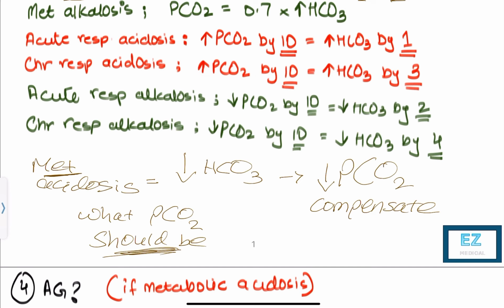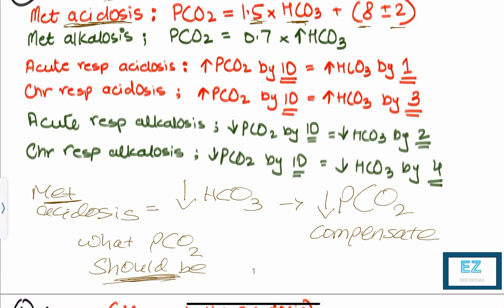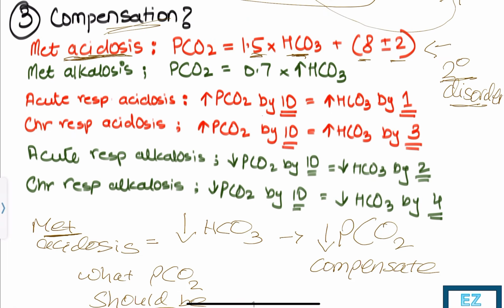Generally, our PCO2 should match the value that we calculate up here. And if it doesn't, we have to think a secondary disorder is there. And maybe we can cover these secondary disorders in the next video, but to keep it basic, these are the basics of it.